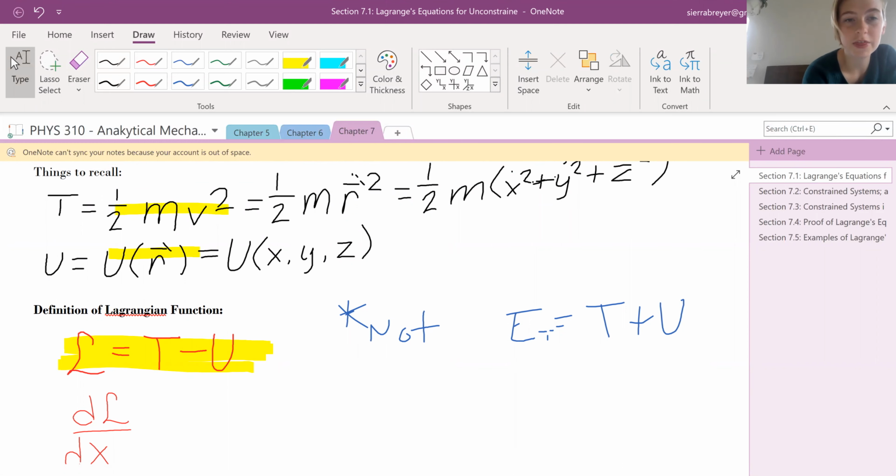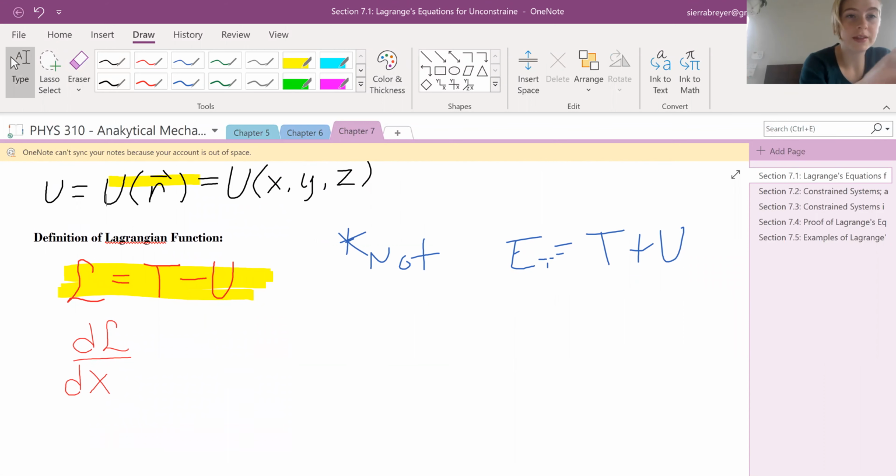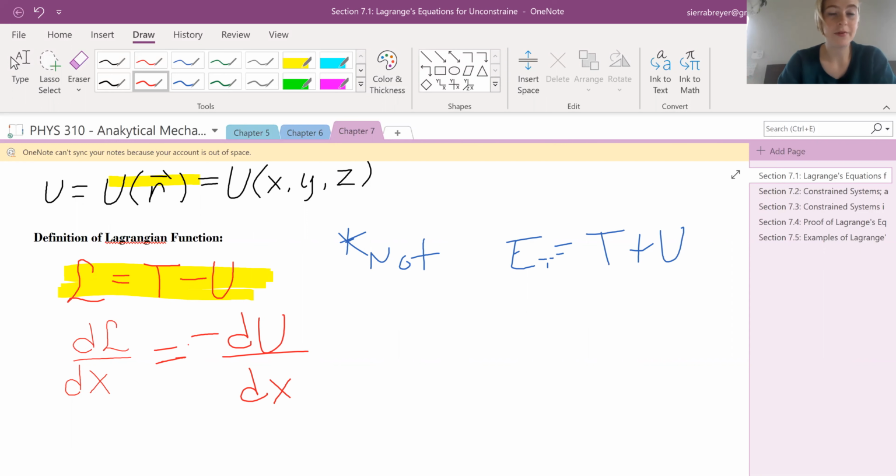The only part of it that's reliant on x and x only is the total potential energy. That's basically all we get left with, whatever that total potential energy is and its derivative with respect to x. And since the potential energy is negative, we have a negative. And what we know about the derivative of the potential energy, seen in the last chapter a lot, is that its gradient is equal to the force.